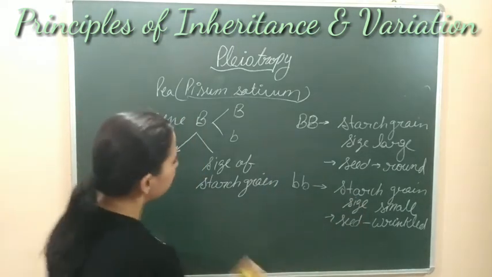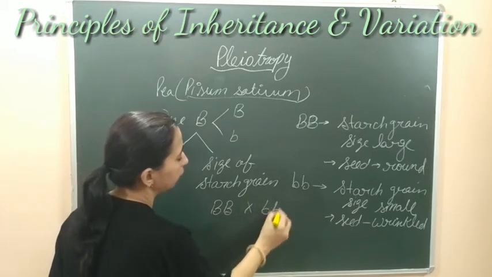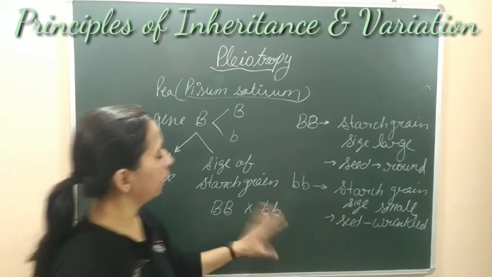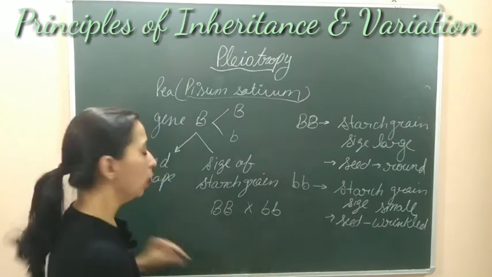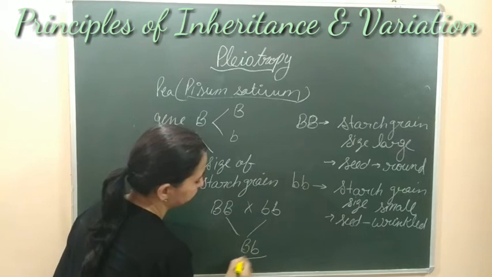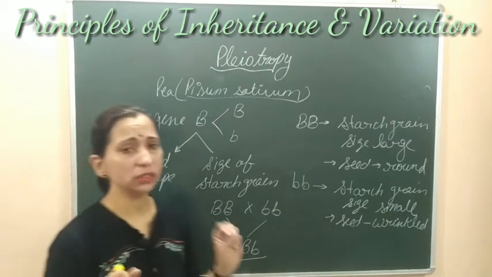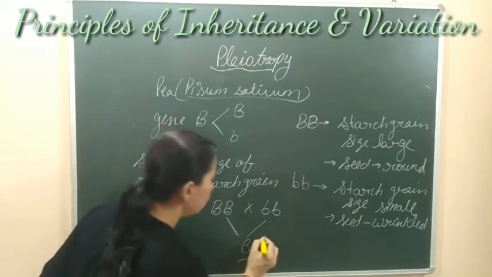When BB is crossed with bb, that is, the normal and defective gene cross together, we will get the heterozygous condition Bb. One is the capital B and another one is the small b. Let's see what happened in this condition.